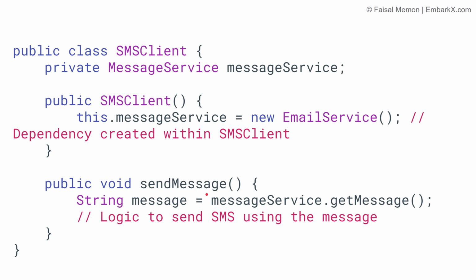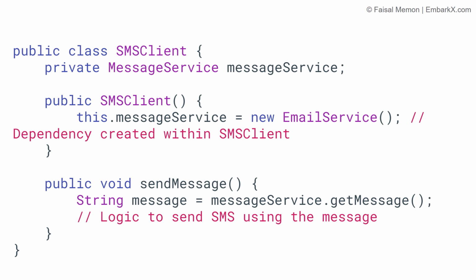Now over here what is happening is the SMS client class creates its own instance of email service within the constructor. The dependency between the SMS client and email service is tightly coupled, as SMS client explicitly knows about and creates the instance of email service. Now, in this example we are not using the feature of inversion of control.